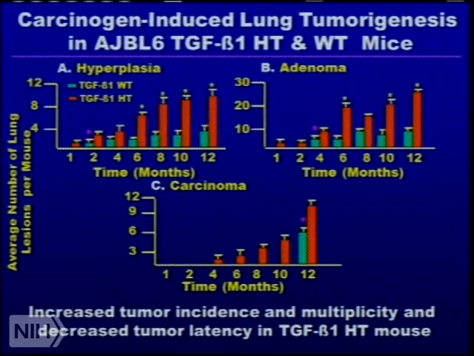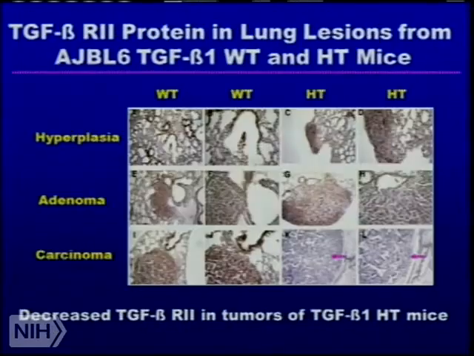And there was also decreased tumor latency, especially in the carcinomas that form. While carcinomas started forming at 4 months in the heterozygous mouse, it took almost 12 months before we see carcinomas forming in the wild-type litter mate.